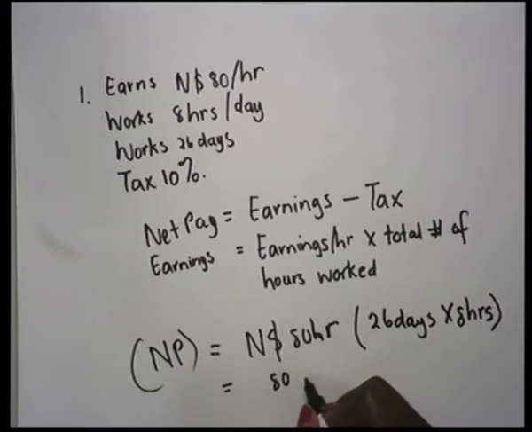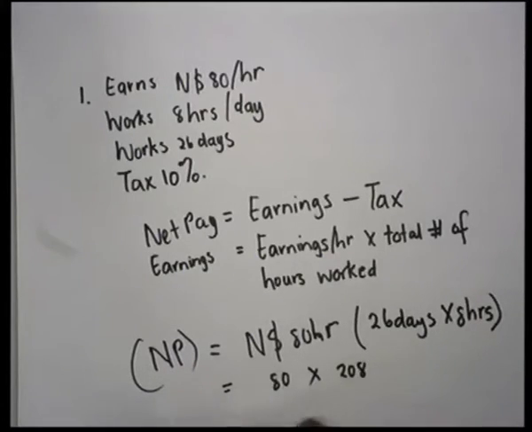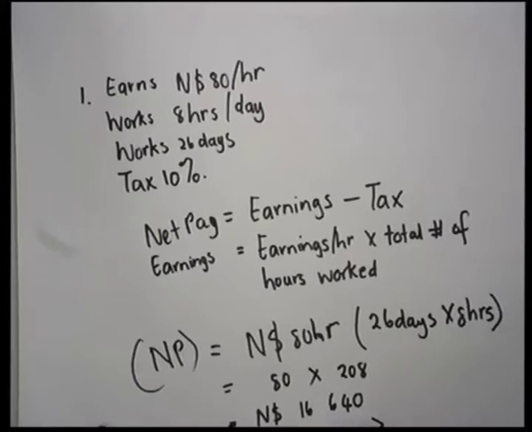Which is equal to $80 Namibian times 26 times 8, which is 208, which is equal to Namibian dollars 16,640. This is the total earnings that he makes.